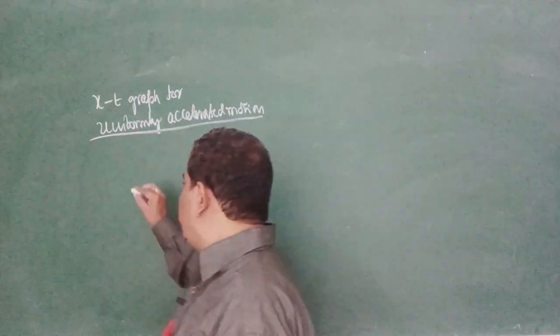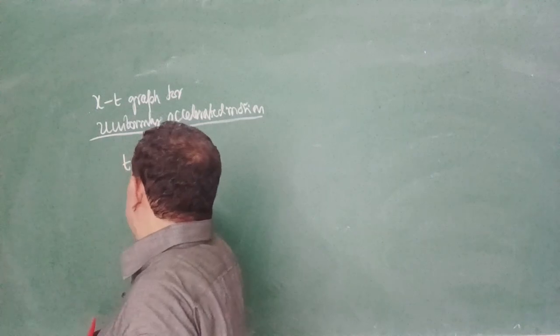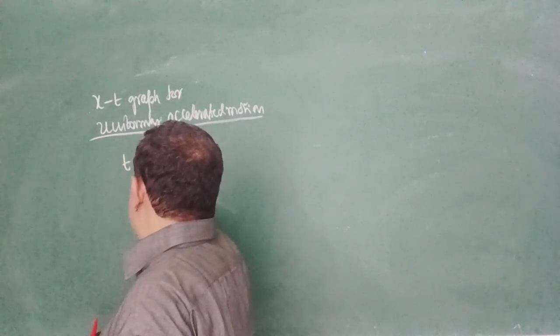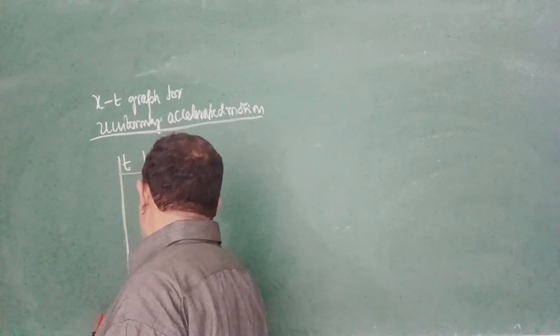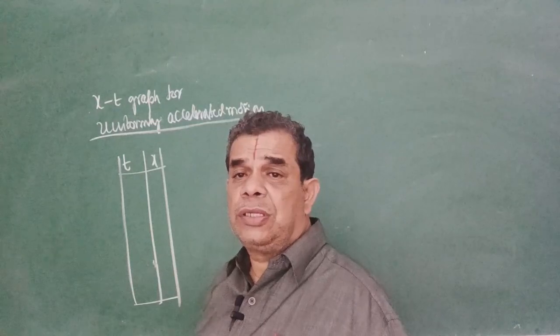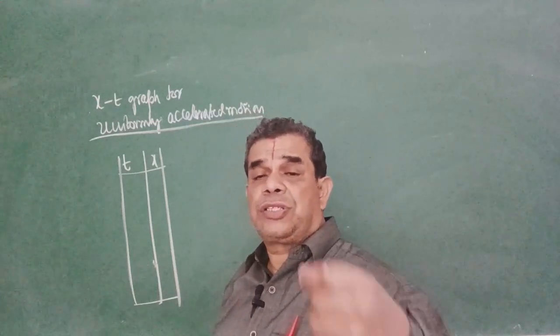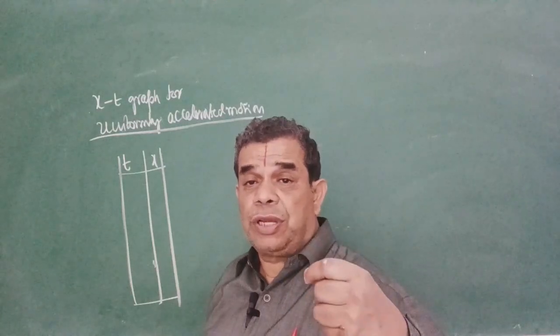Now, first of all, I write the time and position. For uniformly accelerated motion, as time increases, the distances covered should go on increasing because the velocity goes on increasing.